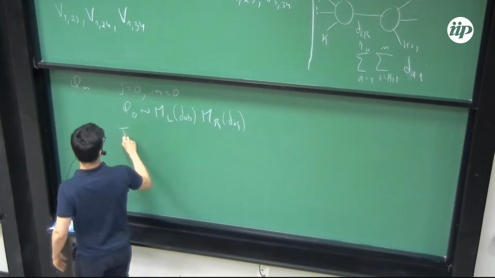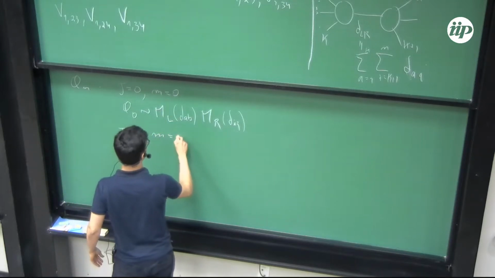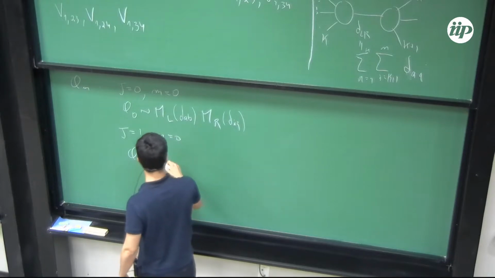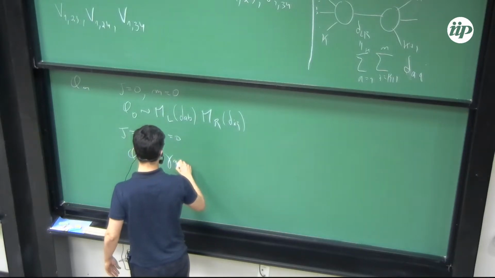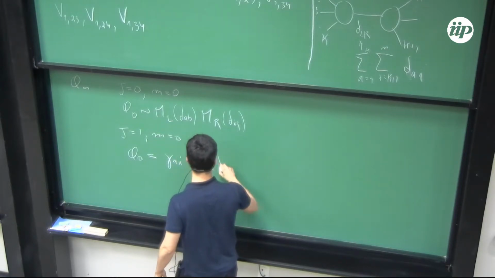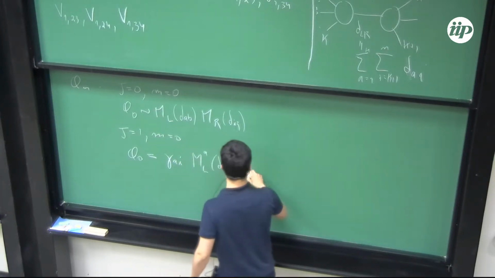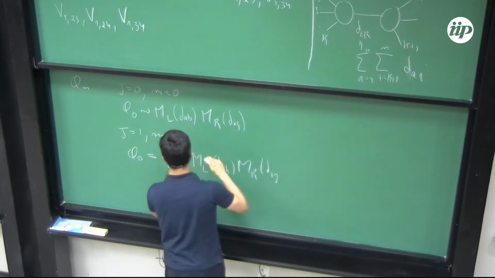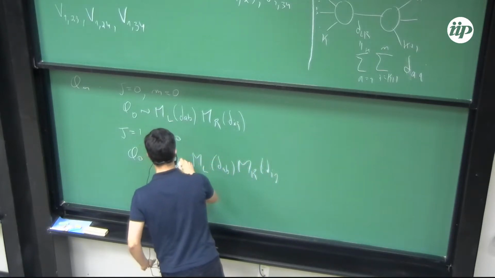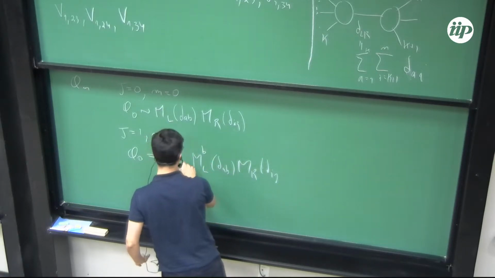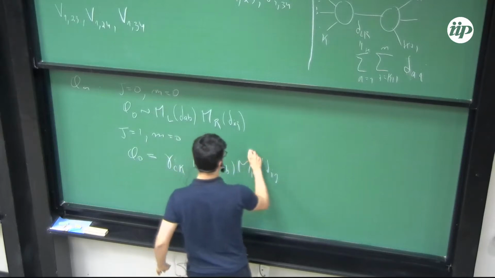For example, for J equal to 1 and m equal to 0, the residue of the first pole would be something like gamma ai, m left a, delta ab, m right I, delta ij. Maybe let me use different notation here, so it's not confusing.